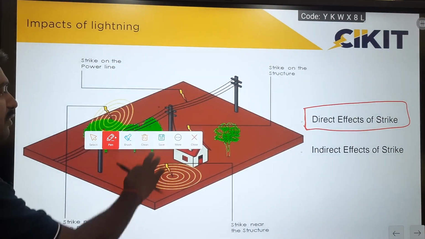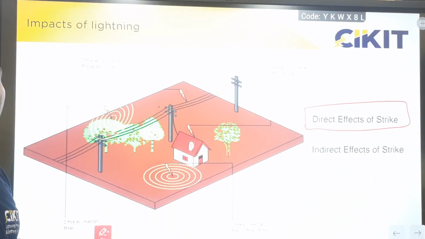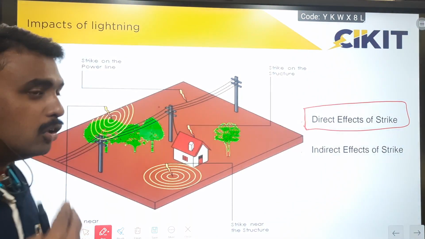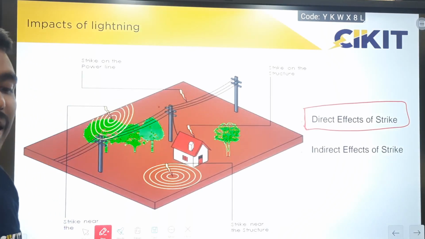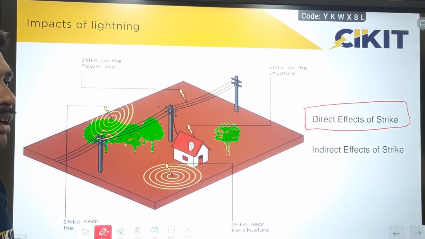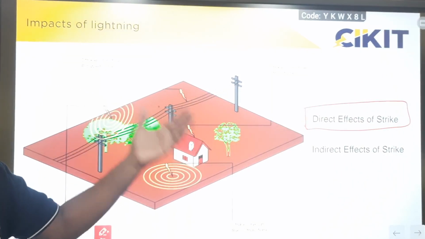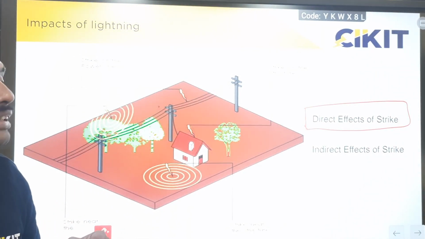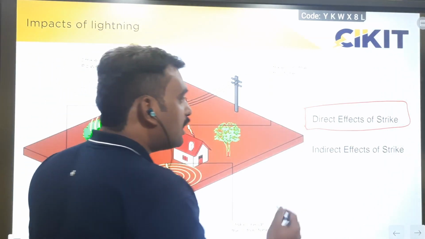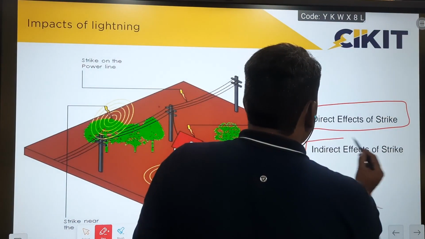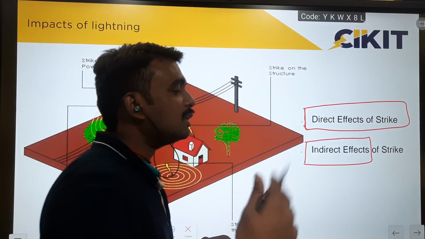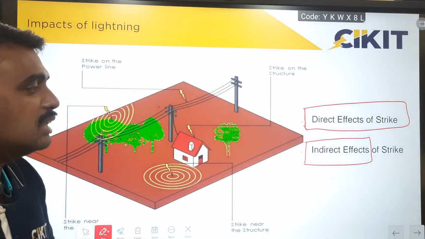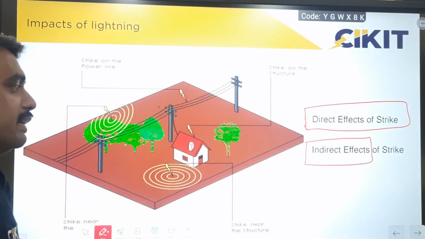In the next slide, we have shown the failure of electronic components. In that case, lightning is not directly striking the device. Rather, the lightning strikes some other location and it causes failure of the electronic equipment in some other place. When the lightning strikes one place and the damage is felt in some other place, that is considered an indirect effect of lightning strikes.